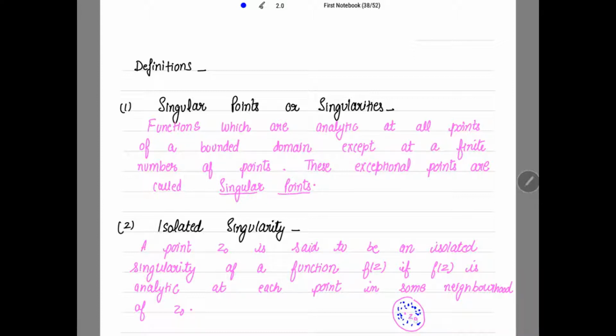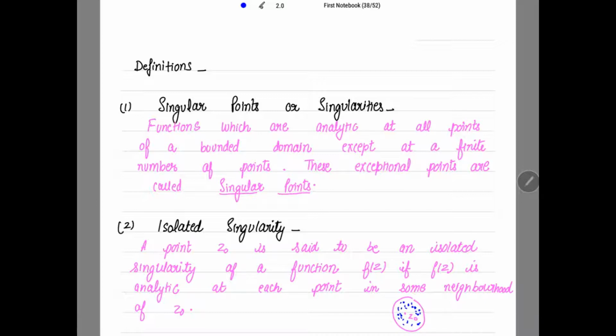At z0 the function is not analytic, right? Such a point is a singular point. But it is said to be an isolated singularity if the point has some neighborhood where the function is analytic at all the points of the neighborhood of z0. Then we say that z0 is your isolated singularity.